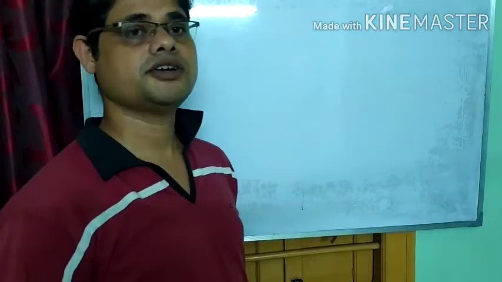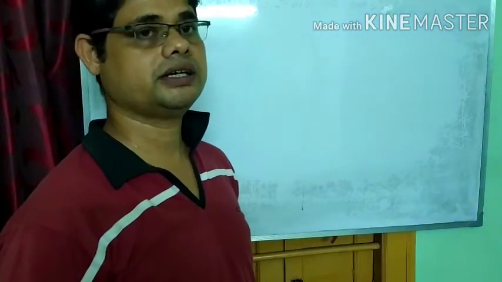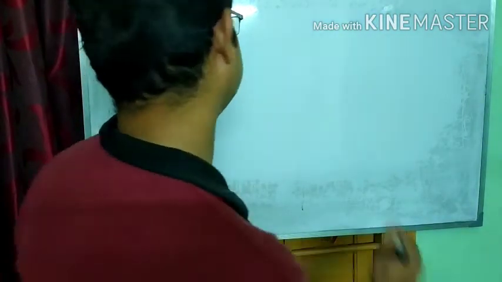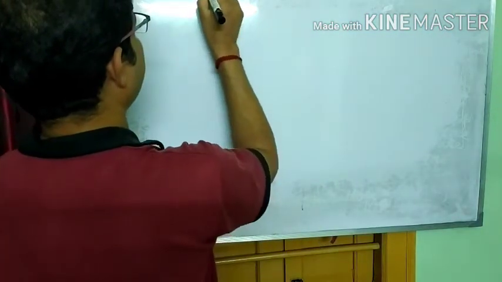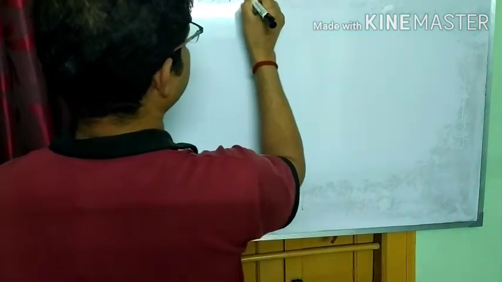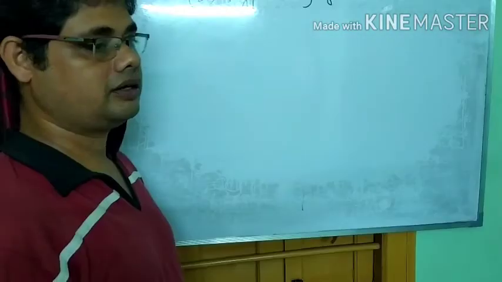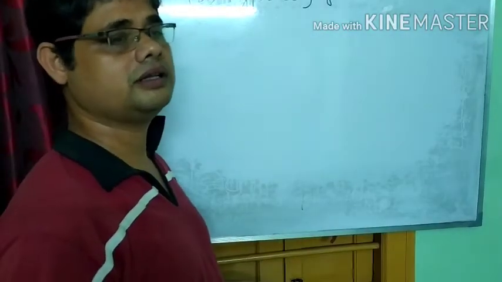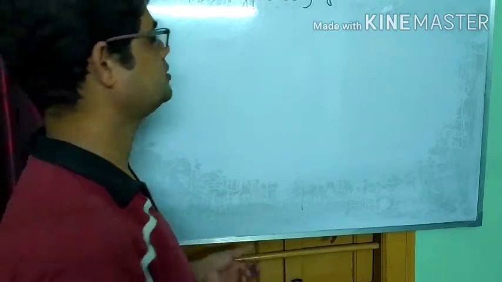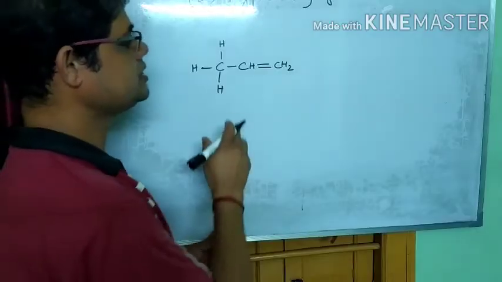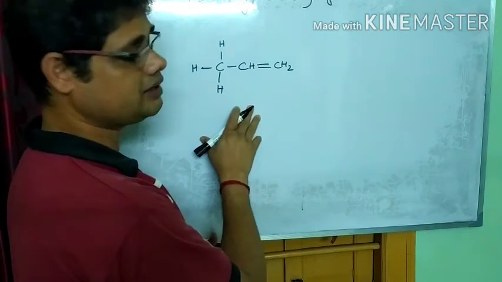Now I will discuss the fifth electronic effect, that is hyperconjugation. What is hyperconjugation? Let's have an example to understand it. This is propylene or propene.